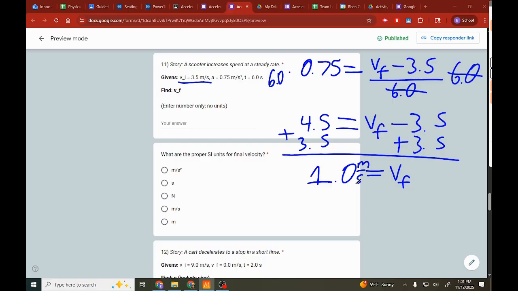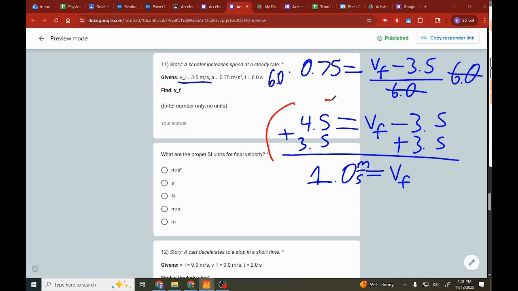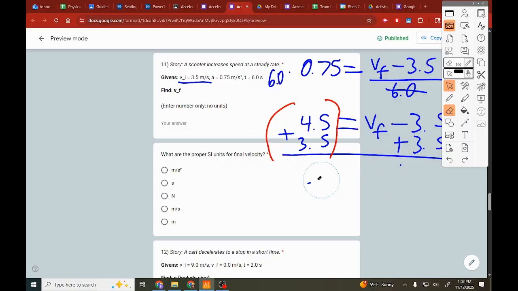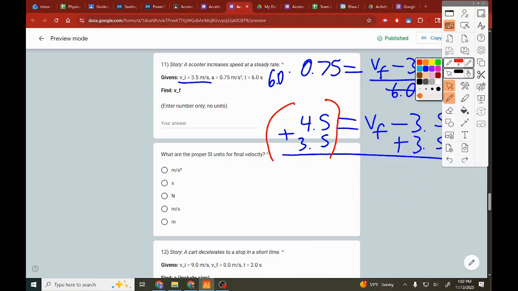Oh, I subtracted over here. At this point here, I said add those, but in my mind, I subtracted and got 1. That's my problem. Let me back that up. 4.5 plus 3.5. 4 and 3 would be 7. 0.5s combined, we get 8.